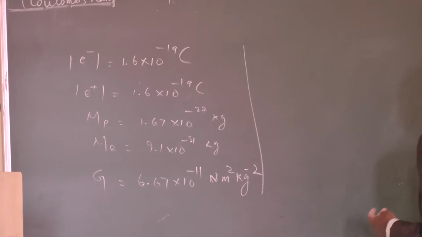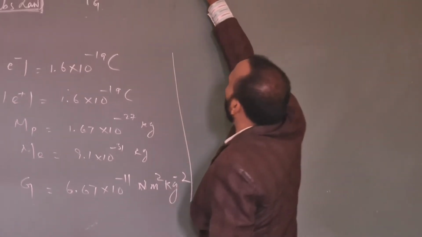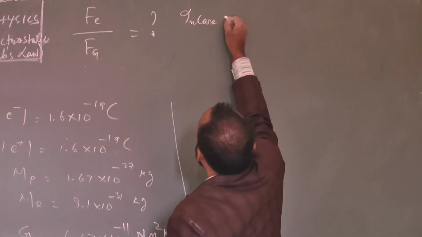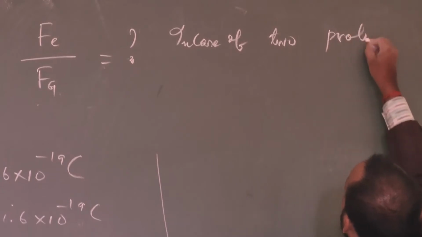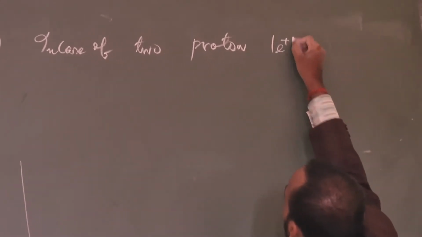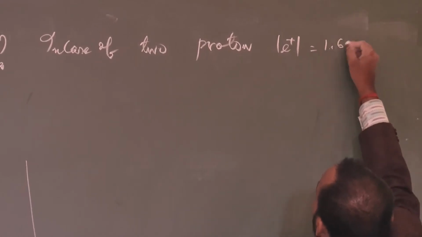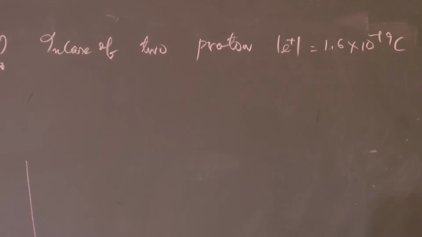You will use the two protons, or two charges. In case of two protons, the magnitude of the proton is equal to 1.6 into 10 to the power minus 19 Coulomb, where C is the Coulomb symbol, the unit of charge.